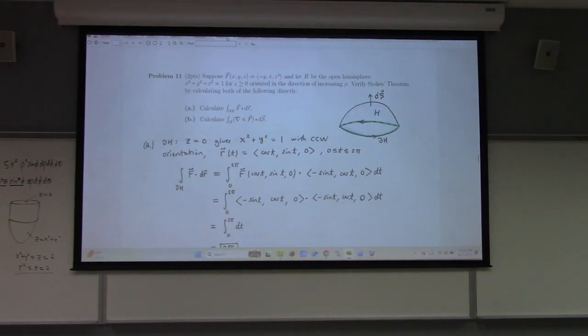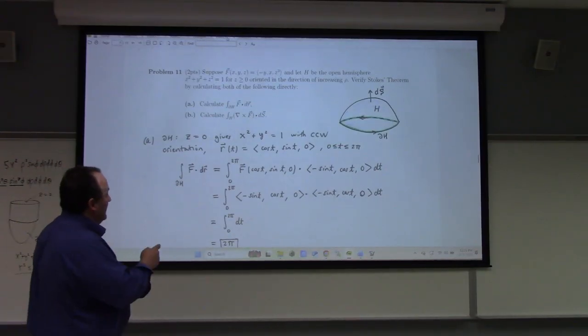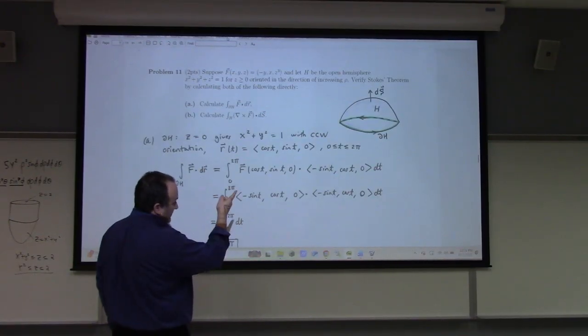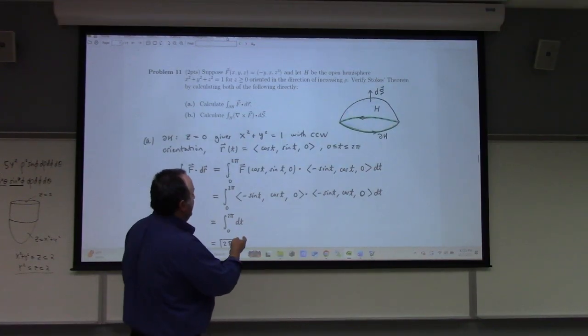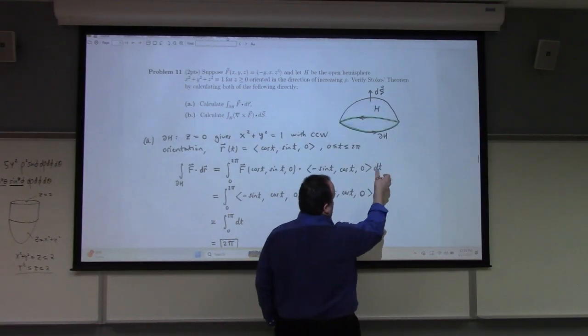Well, no, this one's just straight Stokes' theorem. This is a verify Stokes' theorem question. On the one hand, I calculate the circulation of the vector field around the boundary of the upper hemisphere H, which I've illustrated in green, and that works out to 2 pi. To do that, I have to parameterize. First of all, I have to go counterclockwise.